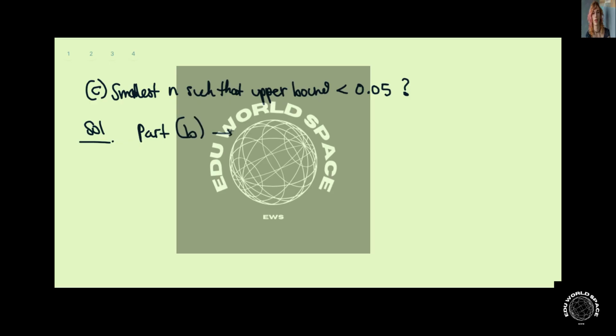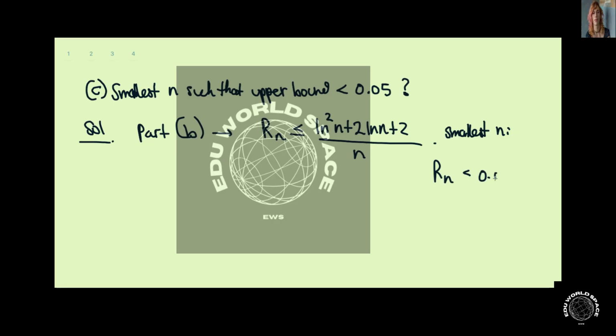This is where we had our upper bound for R_n. Now we want the smallest n such that this is less than 0.05. So just go ahead and set this equal to or less than 0.05.